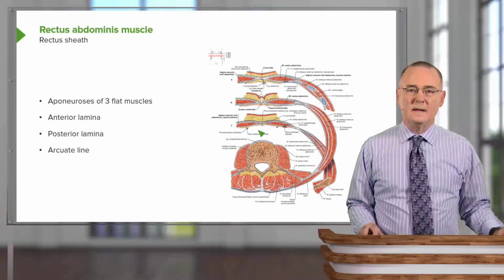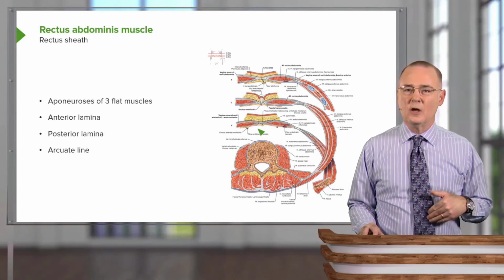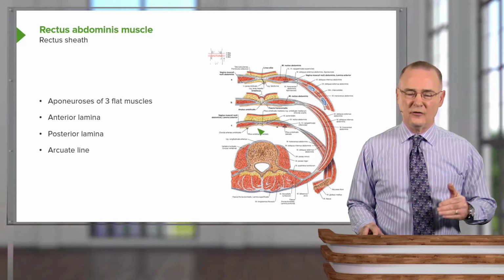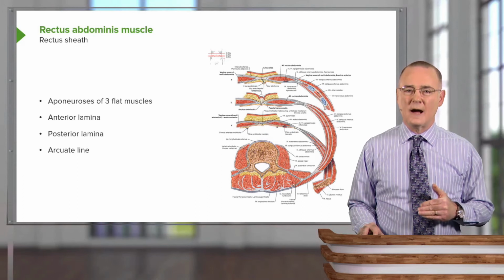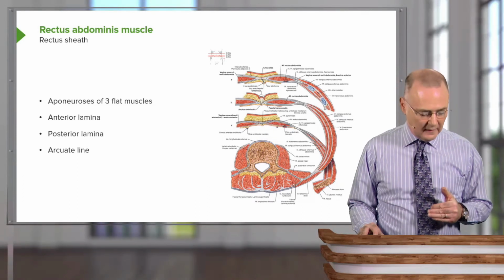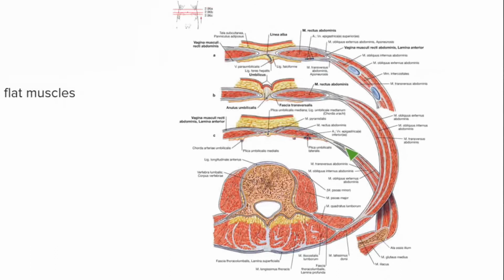Now, if we get inferior enough with our axial section, we will see a difference in the orientation of these aponeurotic fibers or sheets. And if we take a look here, here's your external abdominal oblique, internal abdominal oblique, transversus abdominis.